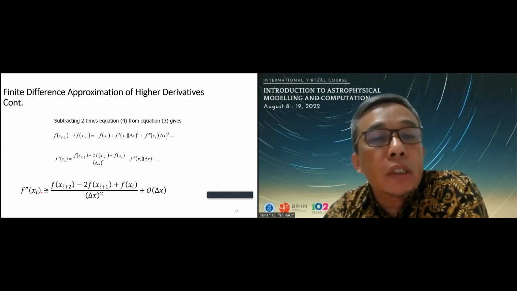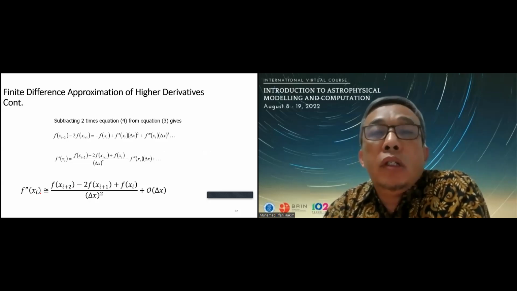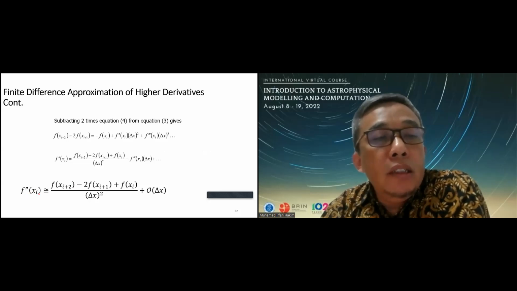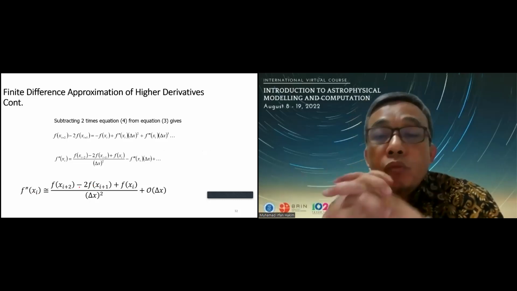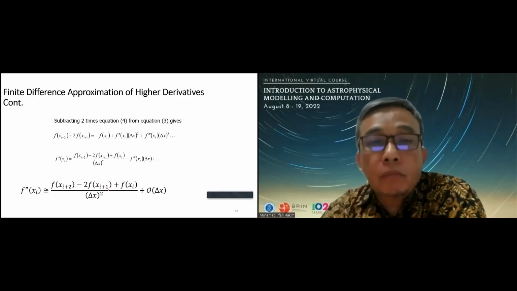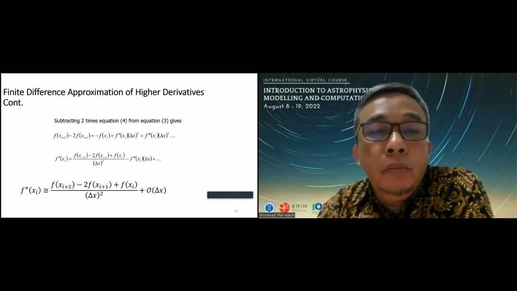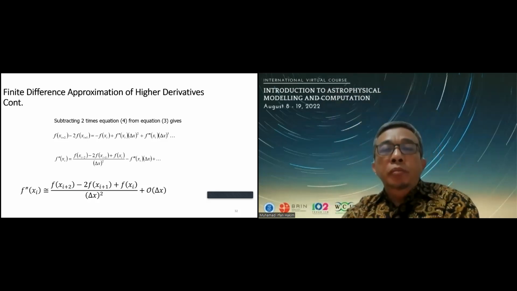Then we have an approximation of the second order derivative of function f at node i, relating to other nodes one step ahead from i and two steps ahead from node i.